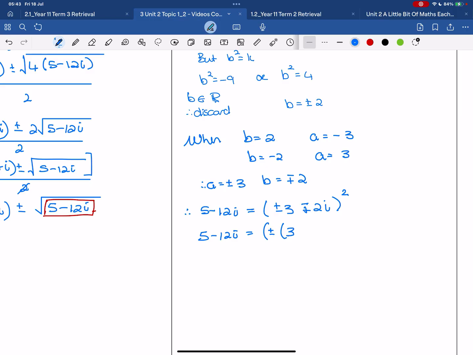If I multiply the minus, I get a minus 3, so that's okay. If I take this plus minus outside of my 2i, I'm going to need the opposite sign, so that when I multiply a plus in, I get a minus. When I multiply a minus in, I get a plus. And of course, if I square anything, I'm going to end up with a positive. So if I'm going to square this plus or minus, it's actually going to end up as a positive anyway. Okay, so 5 minus 12i is just going to be (3 minus 2i) all squared.